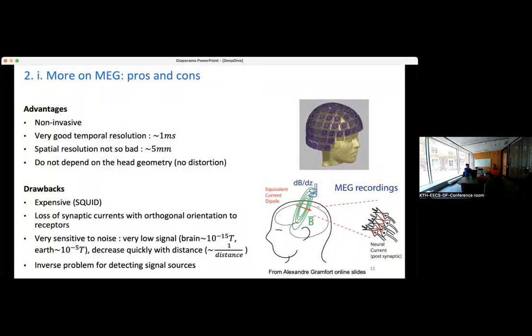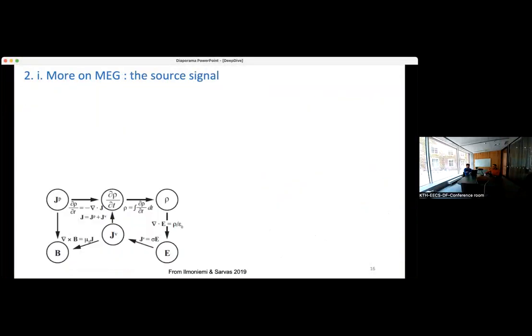Okay, if you have no question, I will go a bit more into how we try to know from where the signal is created. These are just Maxwell's equations. We know what these fields, electrical and magnetic, are, and we can use these equations to create a model and try to fit the parameters of the model to our data to see from where the signal comes.